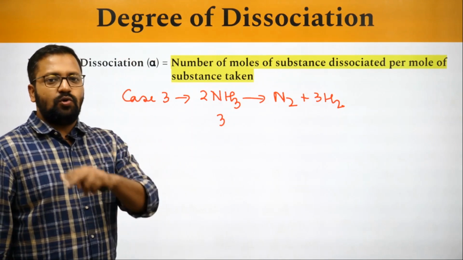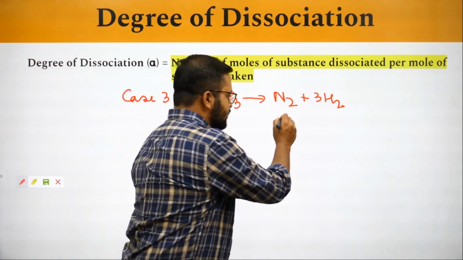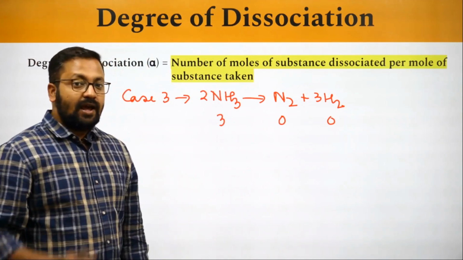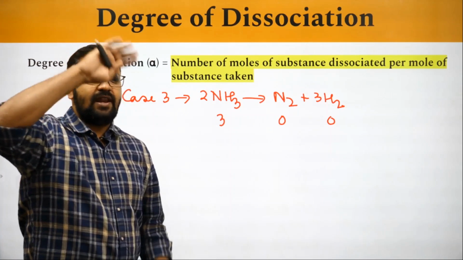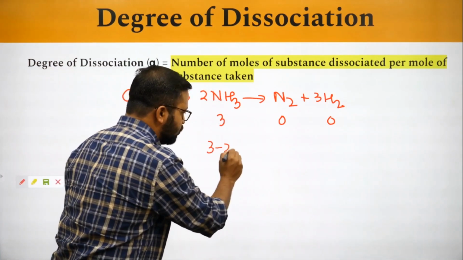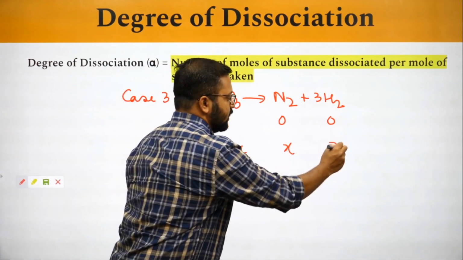Rather than taking 1, 2, मैंने क्या ले लिया? 3 ले लिया. So ये initially 0 and 0. Again 3 मैंने लिया है, but amount which is dissociated will be independent of how much is taken. So I'll write it as 3 minus 2x. और ये कितना जाएगा? x, and this is also 3x.